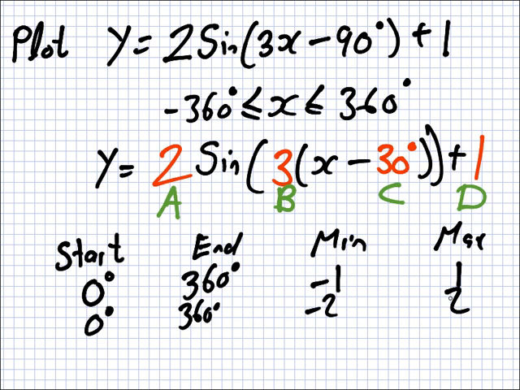Right. Before I continue, is everyone okay with that? So I can put a tick here. Yeah? Tick. Okay. B. What's the effect of the B? Yeah, it shrinks it down. So it still starts at 0, but now? Very good. 120.